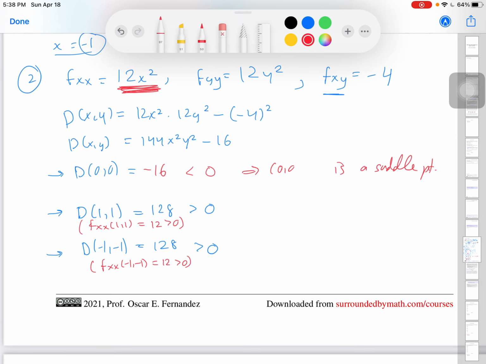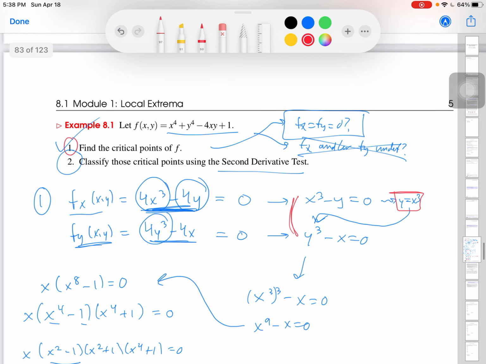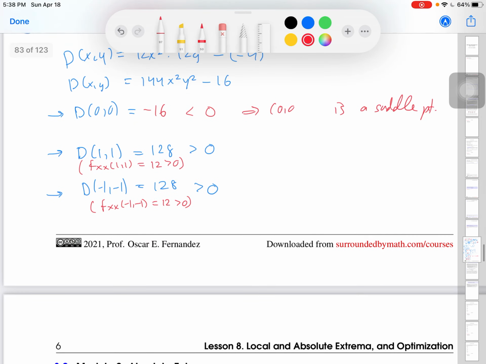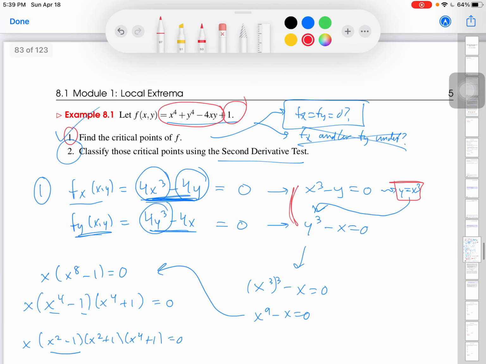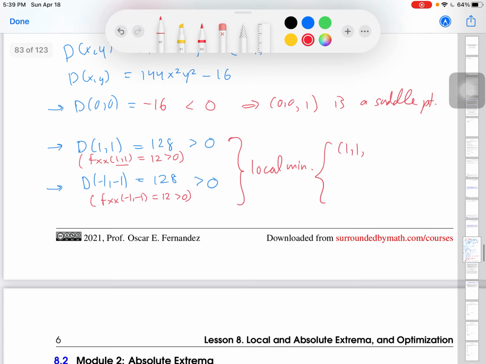So this was (0, 0), and if I substitute x and y both being 0, I'm left with 1. So (0, 0, 1). And then over here, these are both local minima. If I look at (1, 1) and substitute back in, for x equals 1, y equals 1, I get 1 plus 1 is 2, plus 1 is 3, minus 4 is negative 1.